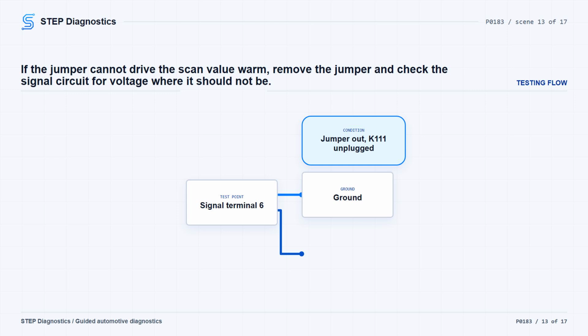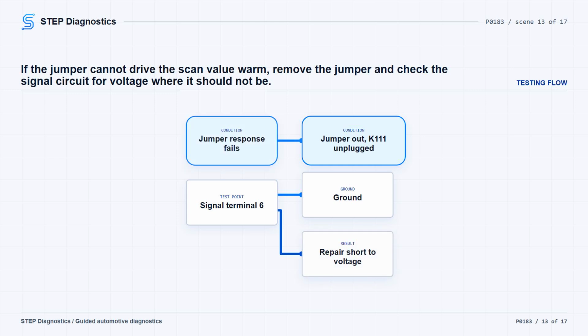turn ignition off, remove the jumper, disconnect the K111 fuel pump driver control module, then turn ignition on with the vehicle in service mode. Test signal circuit terminal 6 at the component harness to ground. You want less than 1V. If it is 1V or greater, repair the short to voltage on the signal circuit.